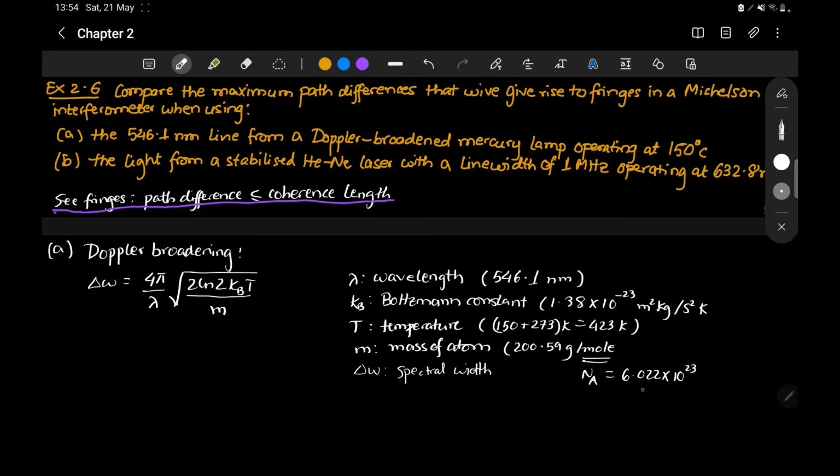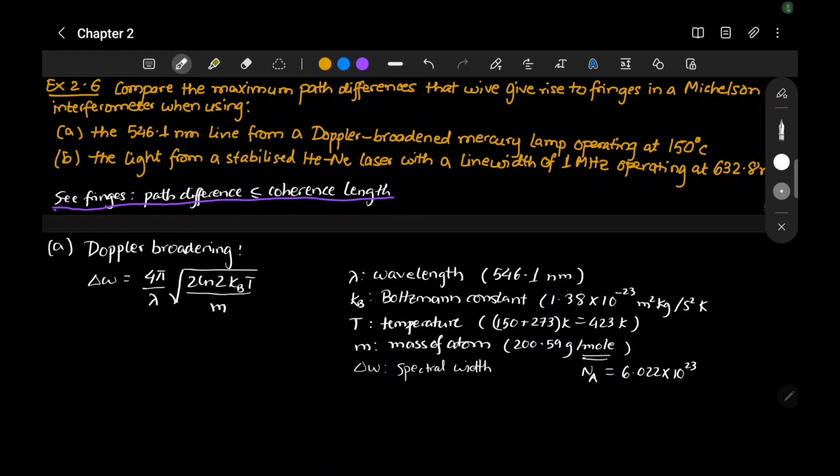So N_A number of atoms would weigh 200.59 grams. So we can find out the mass of one mercury atom from this. If 6.022 times 10 to the power 23 atoms have the mass 200.59 grams, then we can find out the mass of one atom from here.